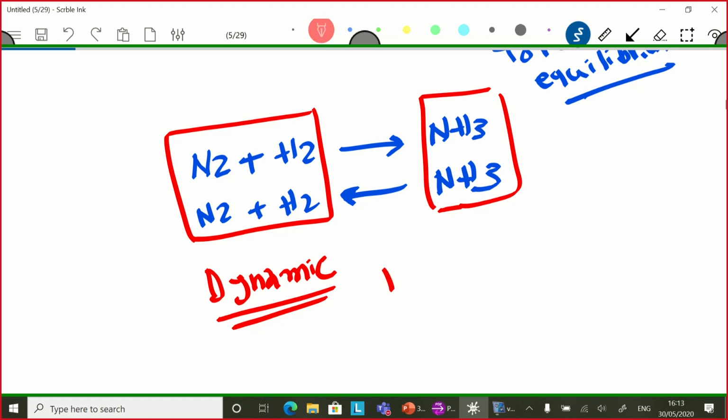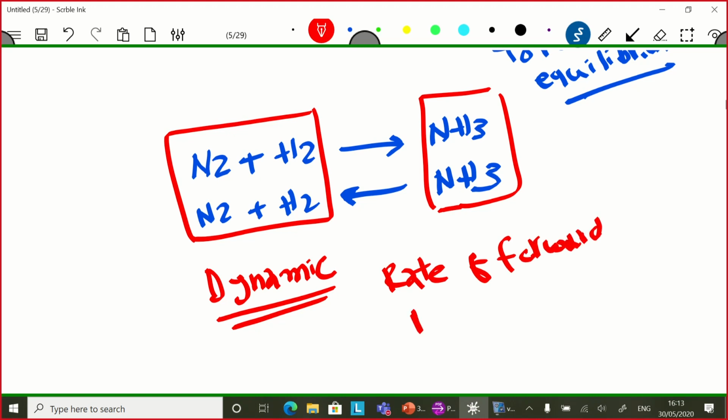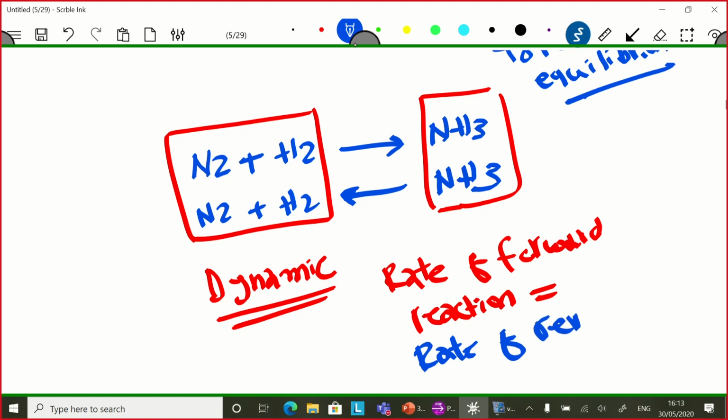Again, when the rate of the forward reaction equals the rate of the reverse or backward reaction, this is where we reach the dynamic equilibrium.